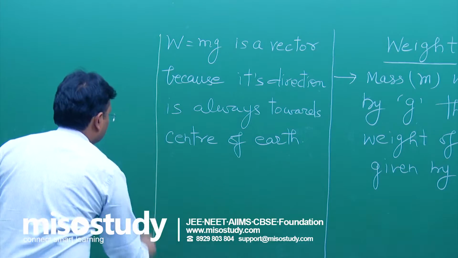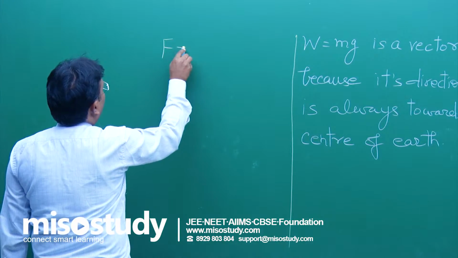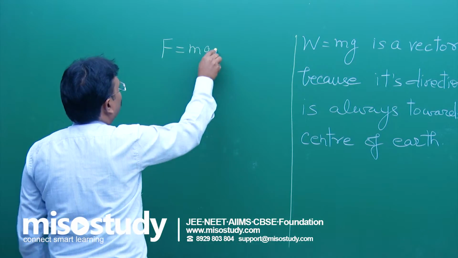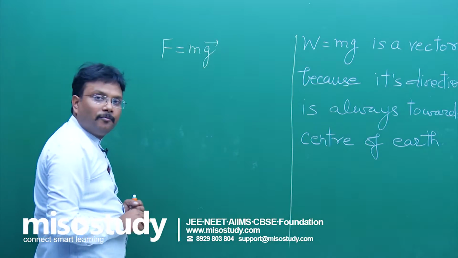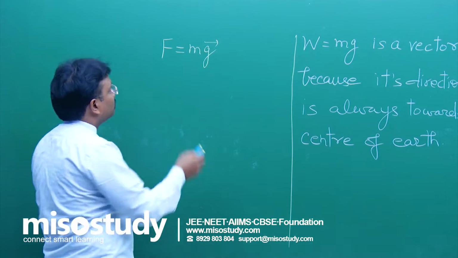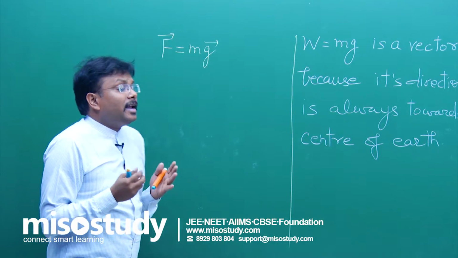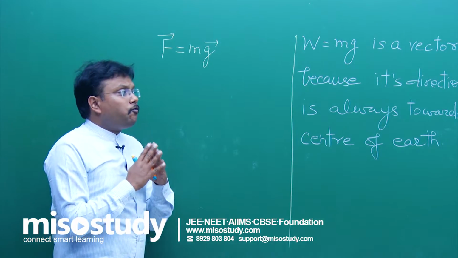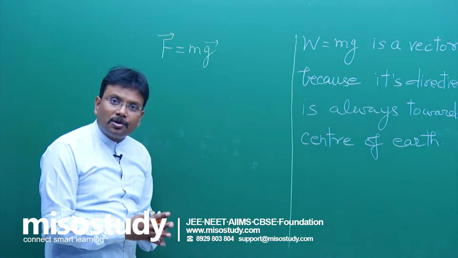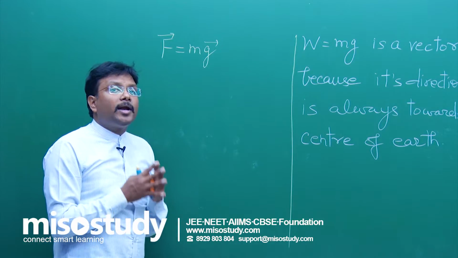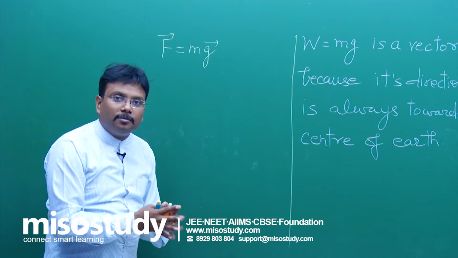So, you can say F is equal to mg. What is the meaning of this? Vector, always. So, weight is nothing but force, gravitational force, the pulling force by the Earth on any object that acts always downward.